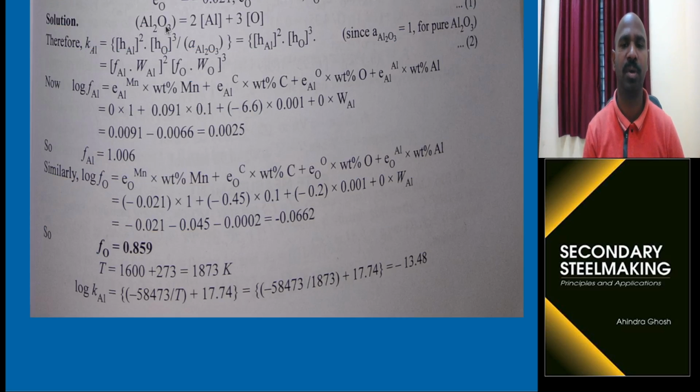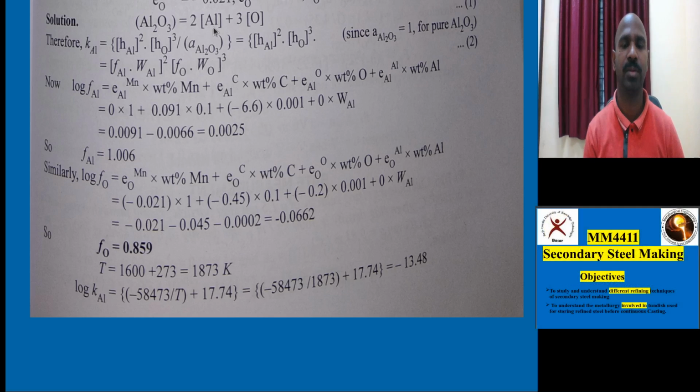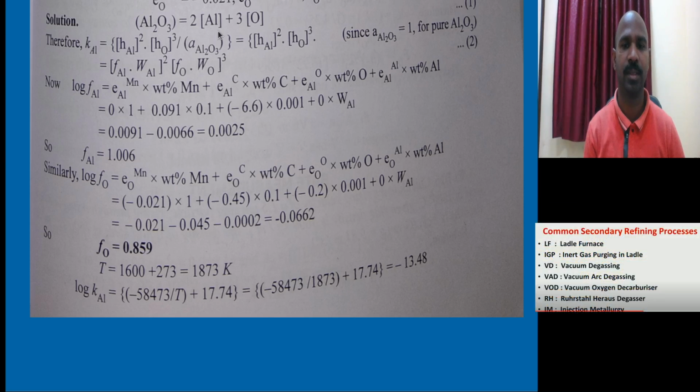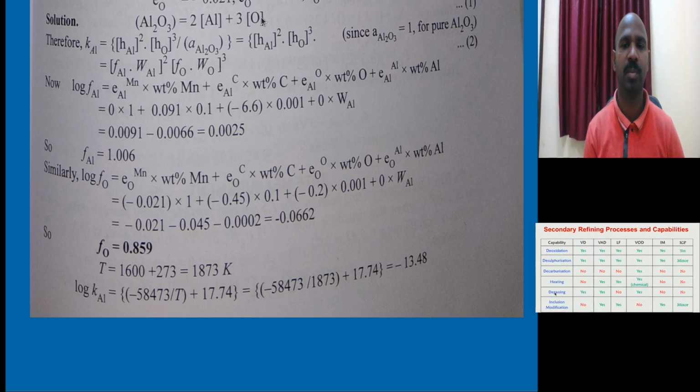The reaction is 2Al plus 3 oxygen giving Al2O3, in equilibrium. Because the aluminium and oxygen are dissolved in the molten metal, and the Al2O3 goes out as slag, you need to apply Henry's law for these two and Raoult's law for the Al2O3.